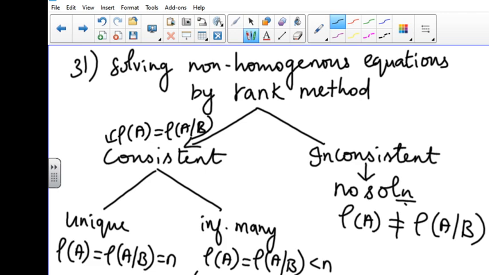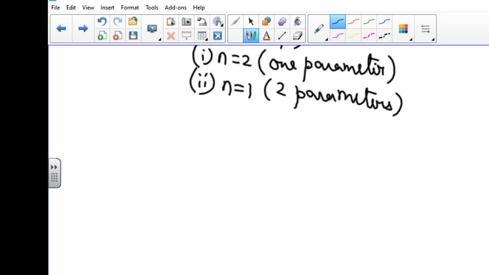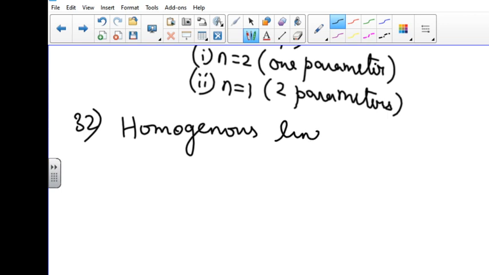Okay. The last one we are going to see is homogeneous linear equations. Solving homogeneous linear equations. It is always consistent.